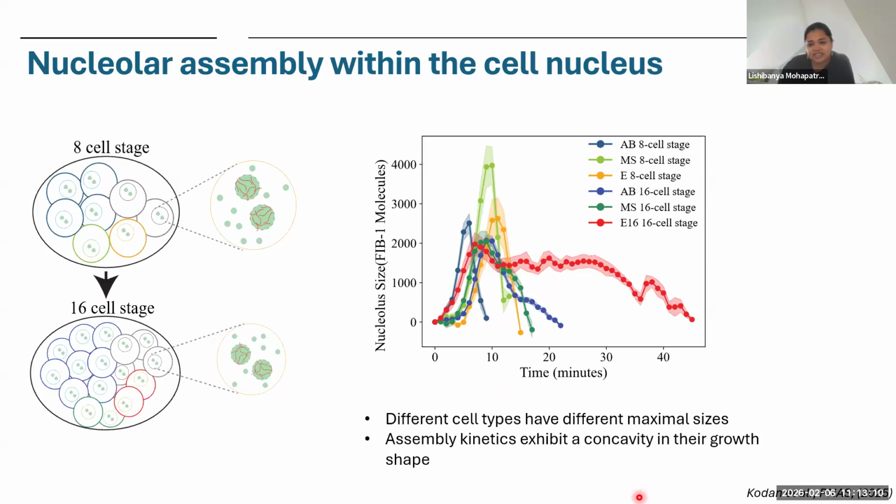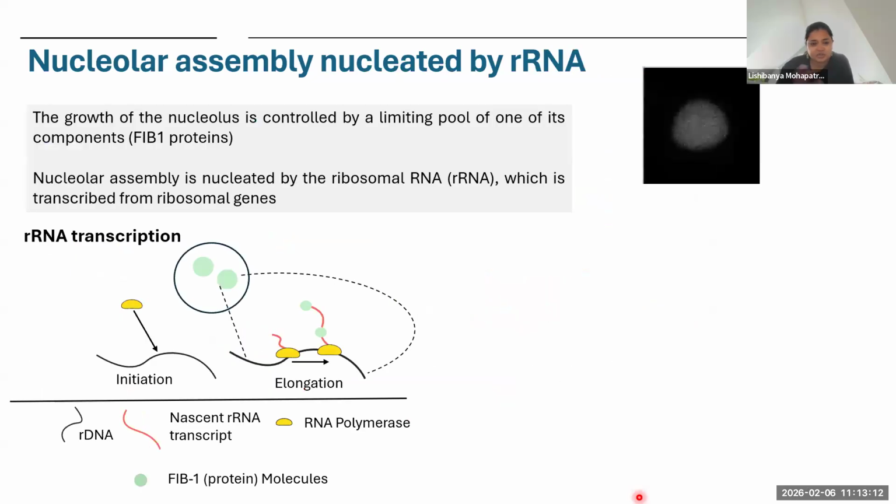So we came up with a model which was inspired by some experimental observations that were already out there. We assumed that the growth of the nucleolus is controlled by a limiting pool of one of its components. For us, it's going to be Fib1 proteins because that's what's marked over here, and that's what we had quantitative data for.